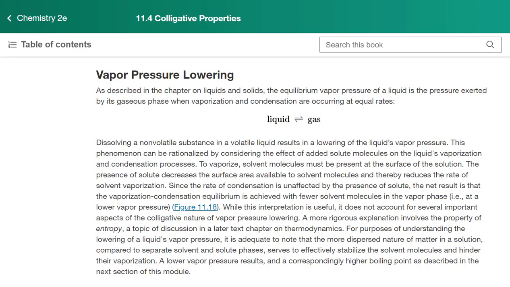The reason for this is because the intermolecular forces with the solute are essentially stabilizing that liquid a little bit more than it would have been otherwise. So it has less of a tendency to enter the gas phase. So that's kind of why this happens.